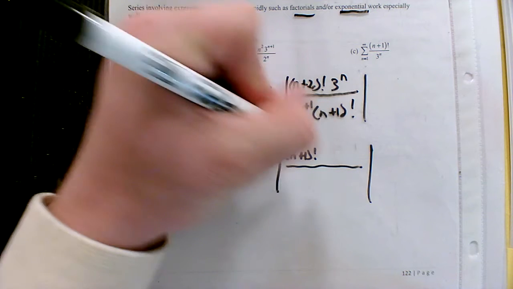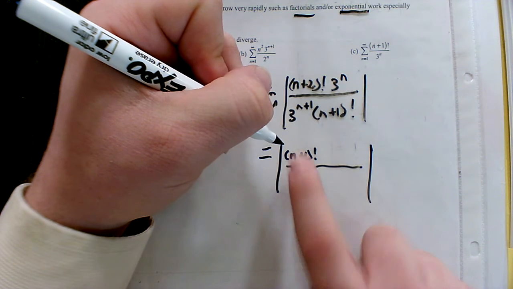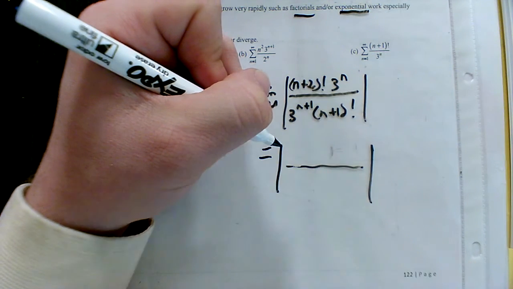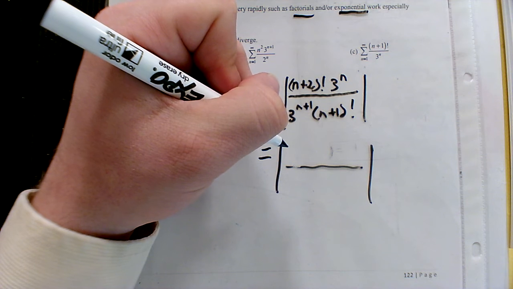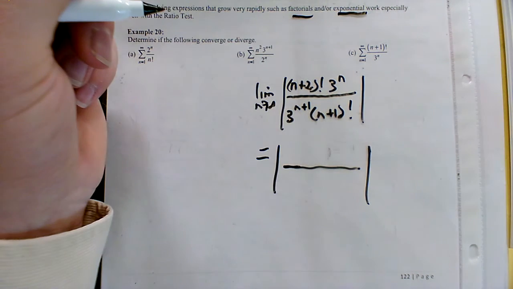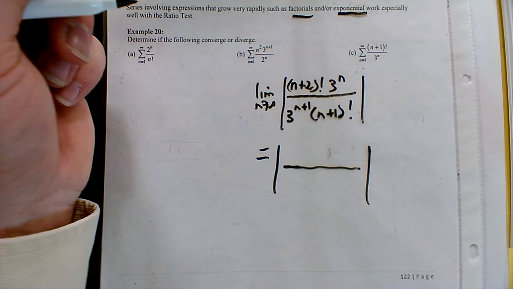Okay. N plus 1. Is there something missing there? Should be something before that. No, because, oh, because I did the original divided by the other one. Okay.